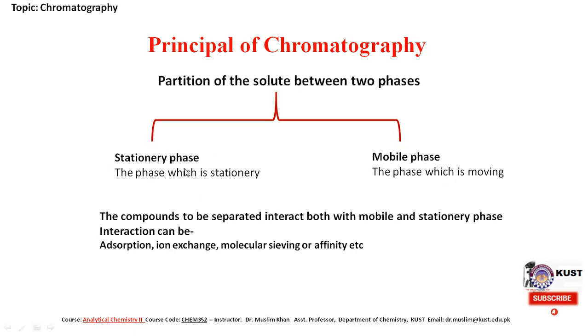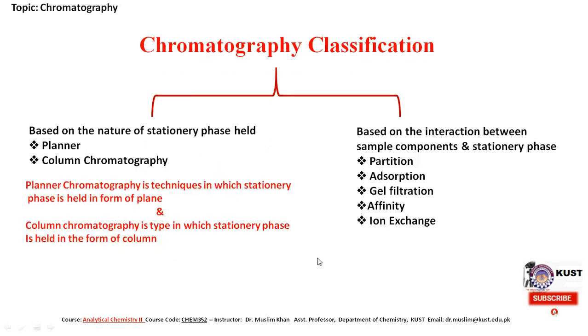So it can be either liquid or solid. The different components of a mixture along with the mobile phase pass through the stationary phase. Then these components develop different kinds of interaction. These interactions can be based on a physicochemical principle such as adsorption, ion exchange, molecular sieving, and affinity.